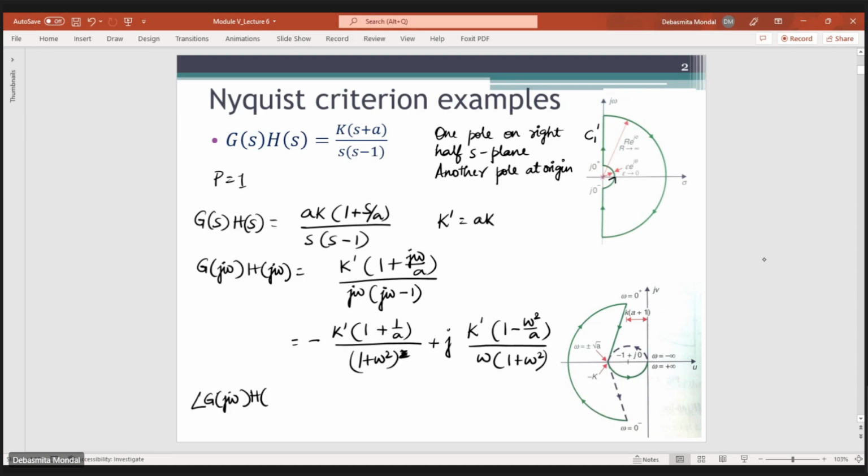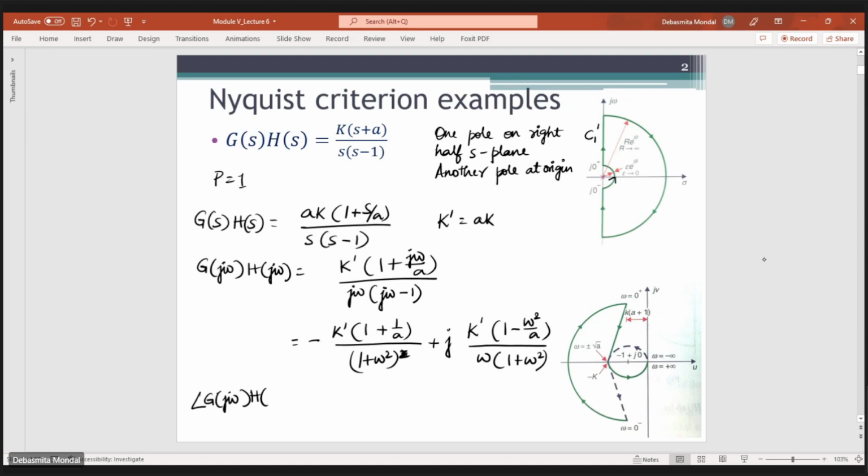Okay, so for omega equals to 0, the real part is equal to minus k into 1 plus a, and the imaginary part is equal to infinity. And if you write the phase angle, the phase angle would be equal to plus 90 degree, right?